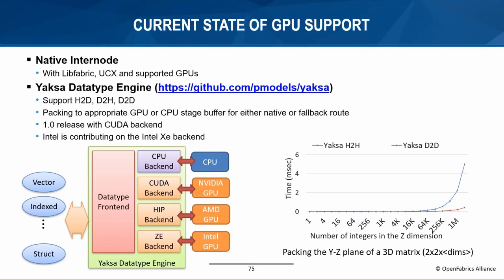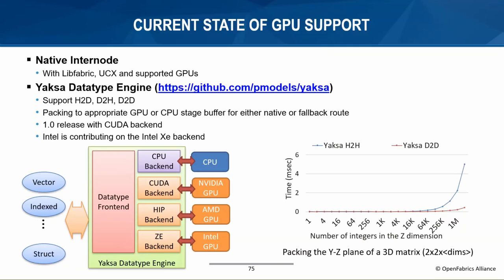It supports all different types of data packing and unpacking, and it has a data type front end interfacing with MPI data types, and for each of the different hardware, we have a backend for packing and unpacking to and from those hardware. Currently we have a CUDA backend for GPU support, and now Intel is working on a backend for their GPUs.